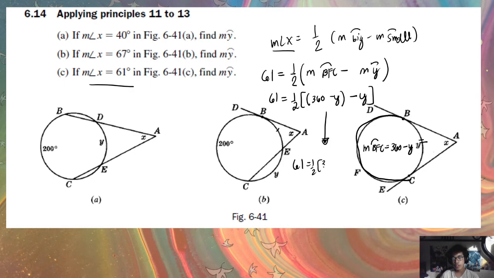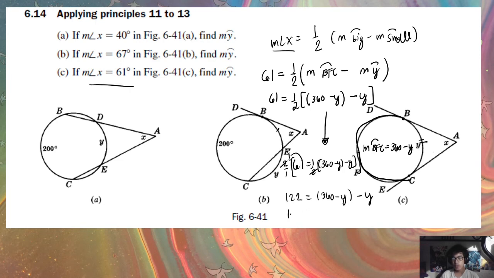For both sides of the equation, we have to multiply by 2/1, so that the denominator 2 gets cancelled out. And what's 2 times 61? So 61 times 2, that's 122. We have 122 is equal to 360 minus y minus y.